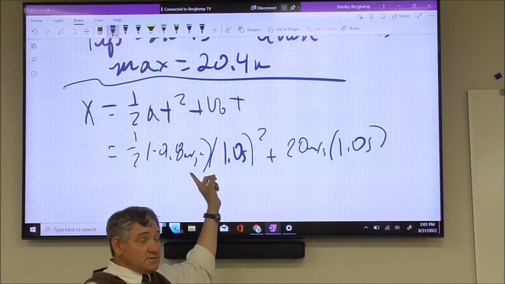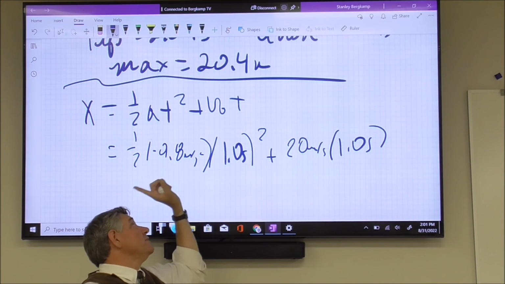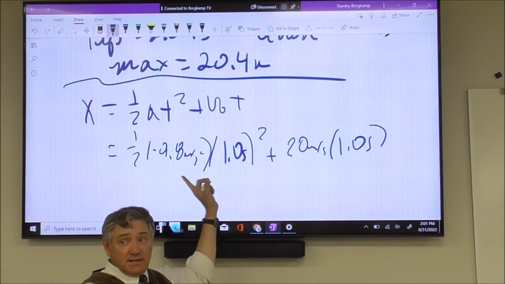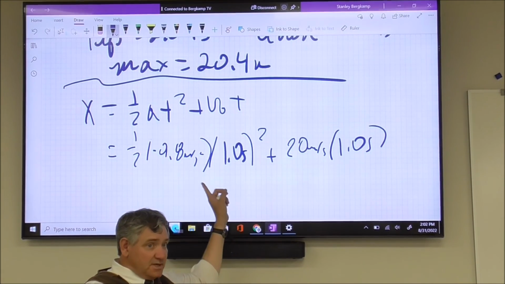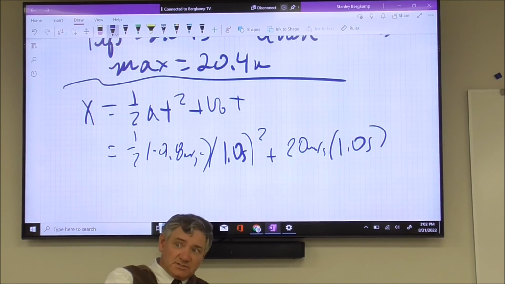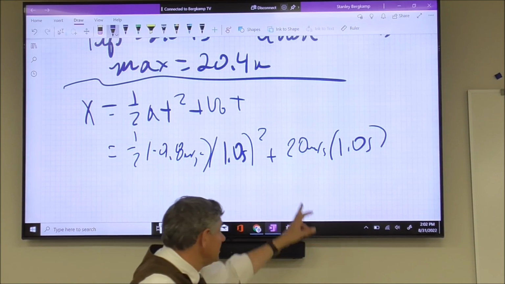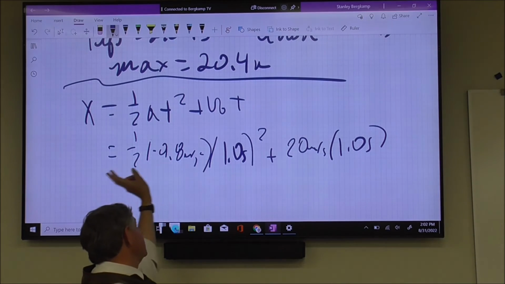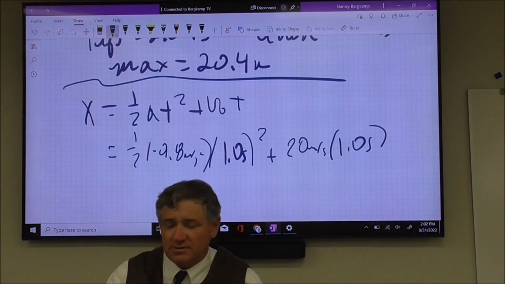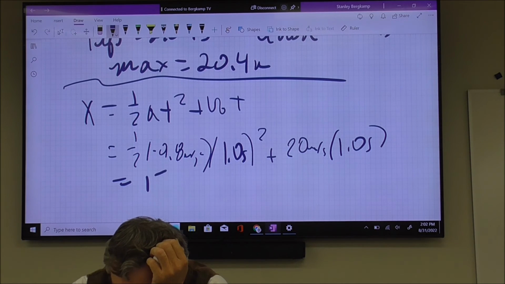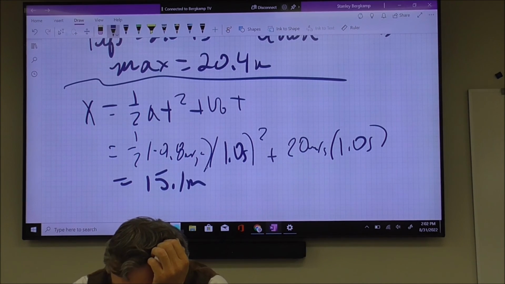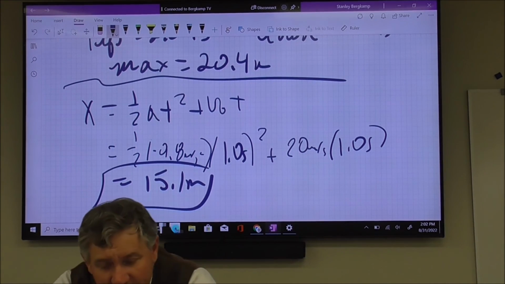Okay, so if you're going to use this function equation, this has to be a negative value. Okay, listen to me. This has to be a negative value because it's a function equation. So basically, you're going to have 20 plus negative 4.9, which should get you 15.1. Now, does that answer make sense?